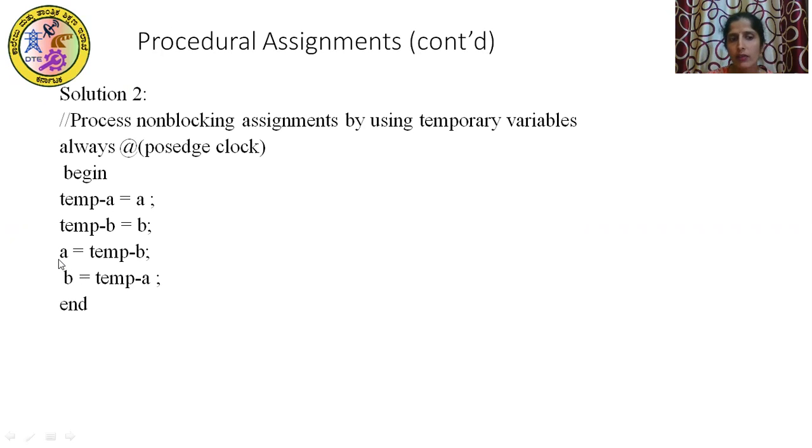In this way, we can overcome the problem of race condition, which would result in improper assignment of data to the variables. So these are the two solutions to the race condition that may arise using blocking assignment statements.